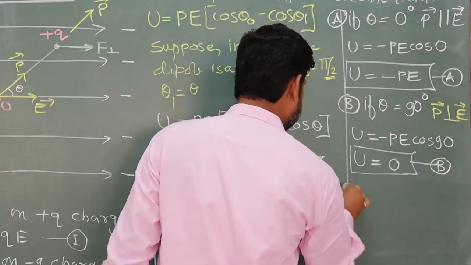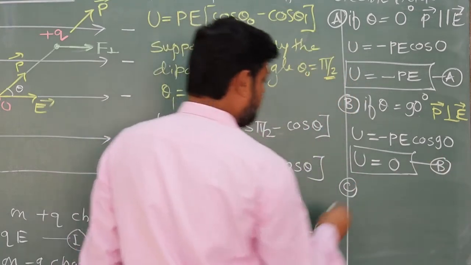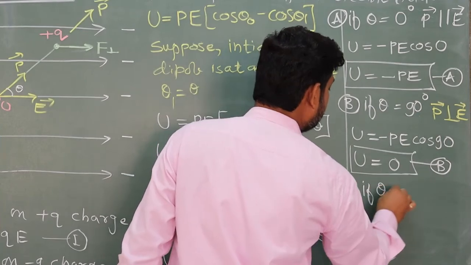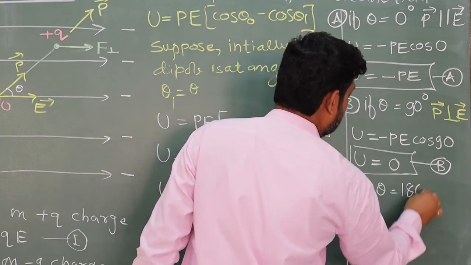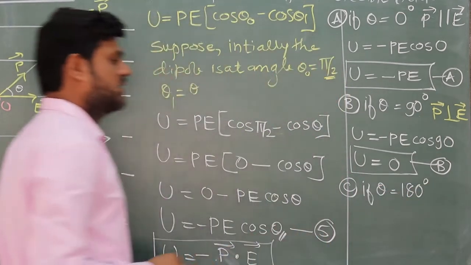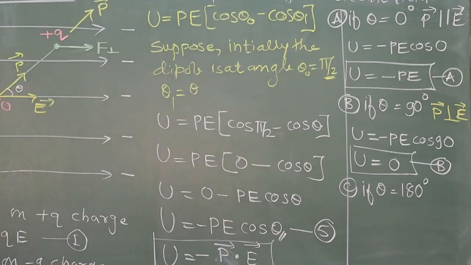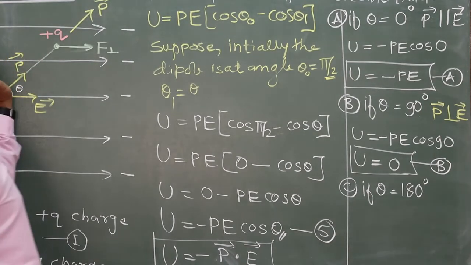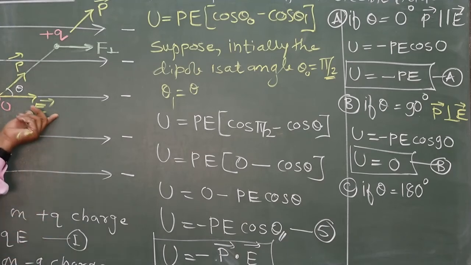And the final case number C. If theta equal to 180 degree, what will happen over here? For 90 degree, the P vector will be like this. For 180 degree, the P vector will be like this. It means the electric field and P vector are opposite in direction, anti-parallel we can say.